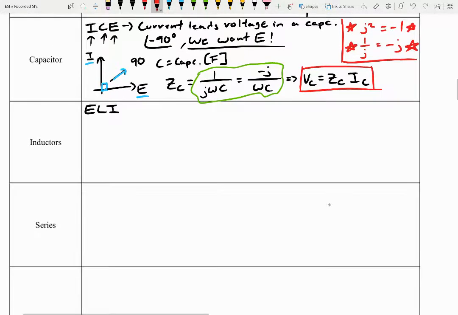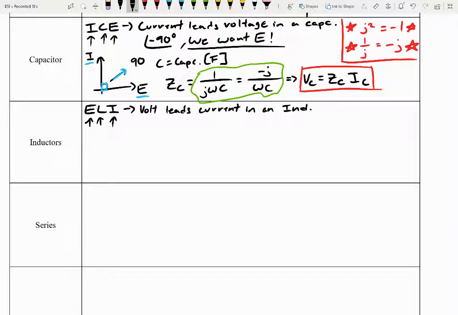So let's look at the inductor now. So the inductor is going to have voltage, current, and L stands for the inductor. So now voltage leads current in an inductor.